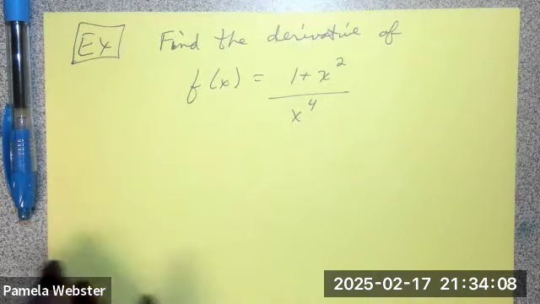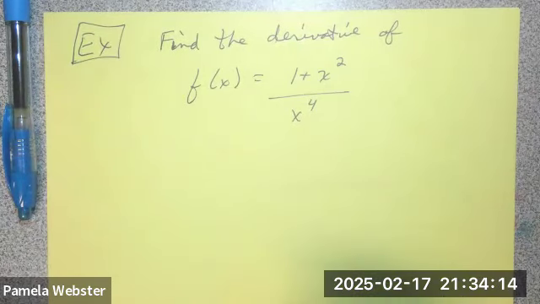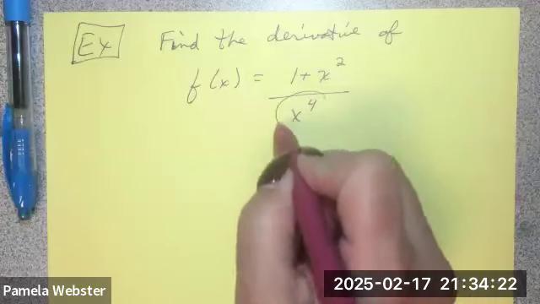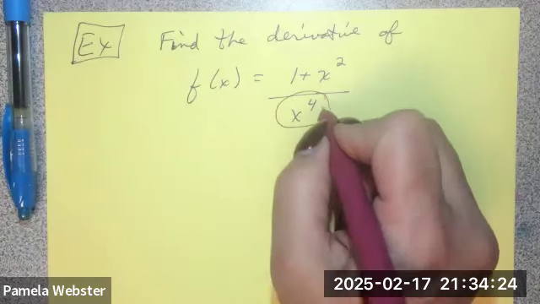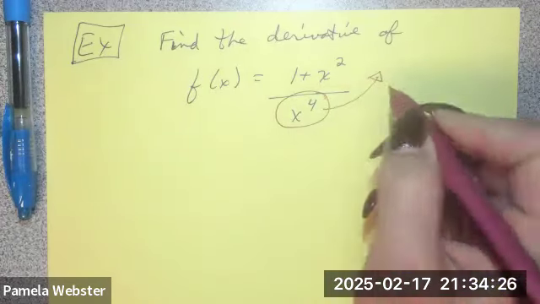In a couple of sections I might just do this as a quotient rule, but we don't know the quotient rule right now. So that becomes kind of a problem. But we do know some stuff about what we can do whenever we have a fraction with a variable on the bottom. We can move that to the top.